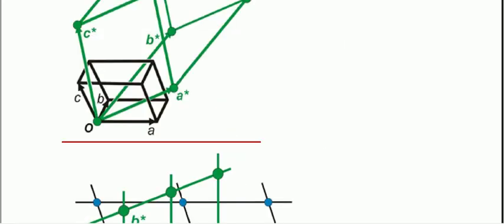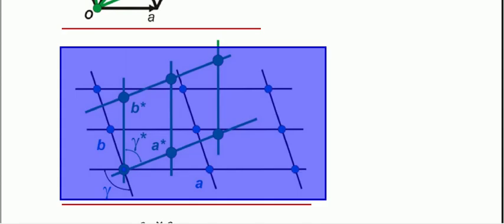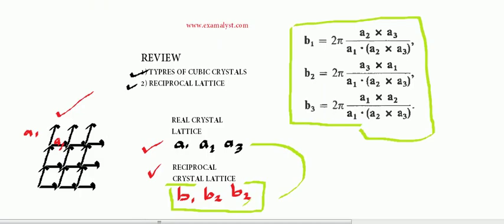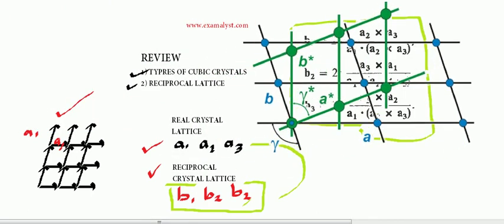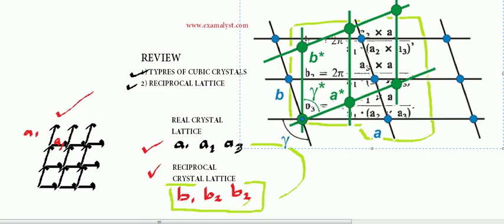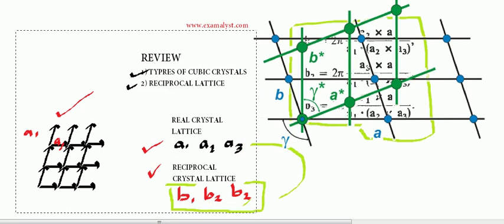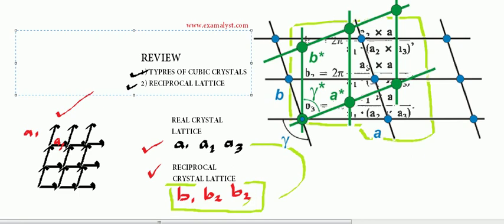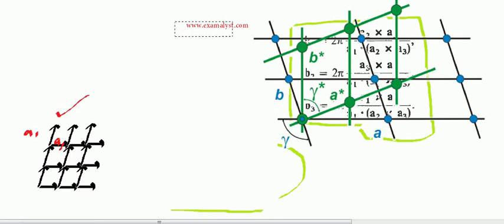So you see, let us start with 2D. Before coming to 3D, let us start with 2D. Consider this particular diagram here. Let me remove all this, and let me bring the diagram here.